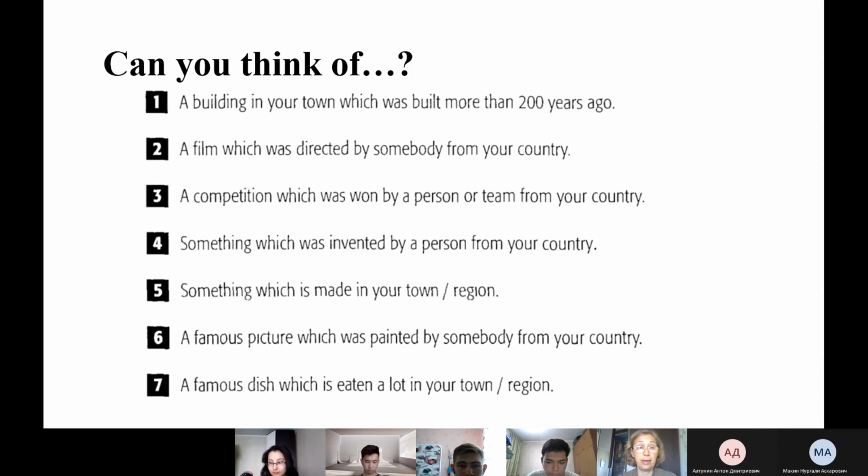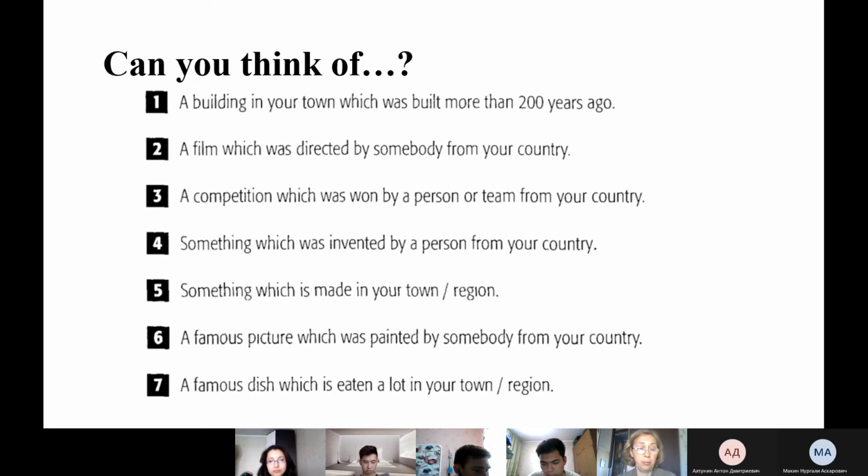And if we move to the next slide, we need to make up sentences about something which is rather close to us. So the question is, can you think of a building in your town which was built more than 200 years ago? For example, if I think about Almaty, I think there are some buildings.